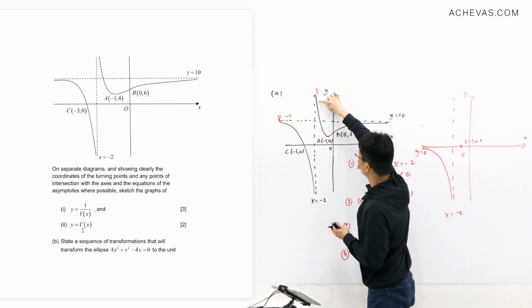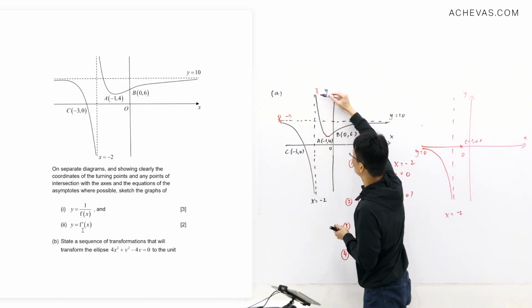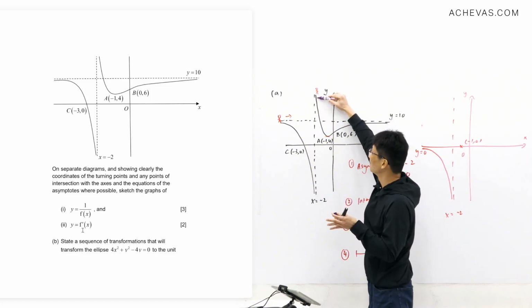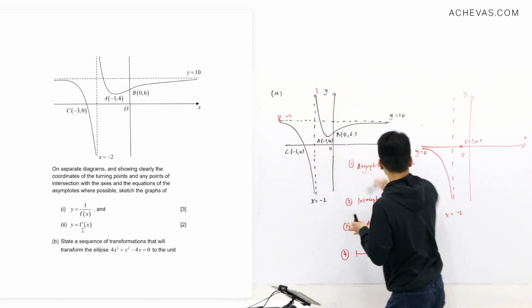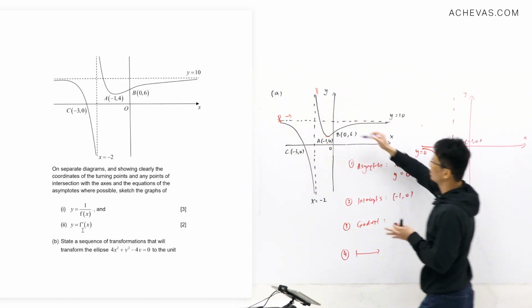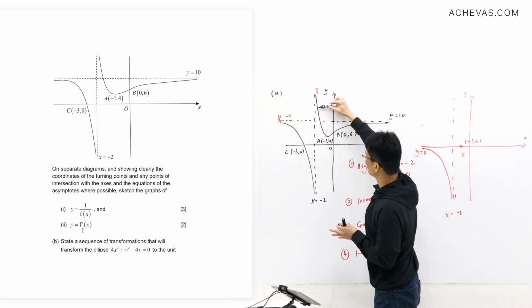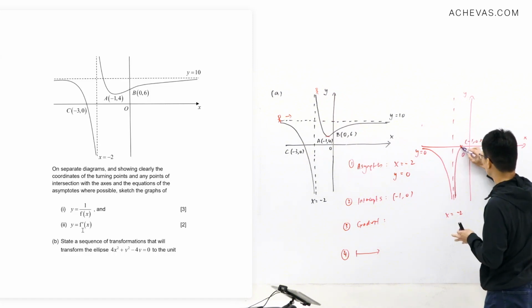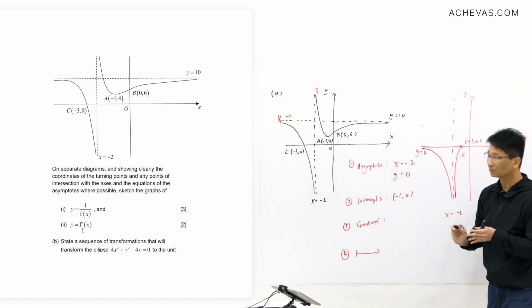As you proceed more to the right, at first you are descending at an extremely fast rate. This is very steep, so it will be somewhere here. As you proceed more to the right, you reach a point where it's 0 gradient, which is somewhere here at this particular point.